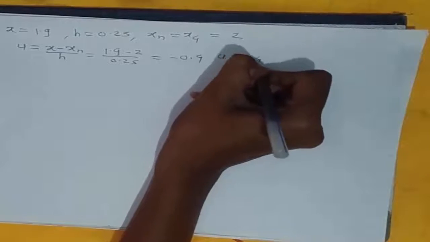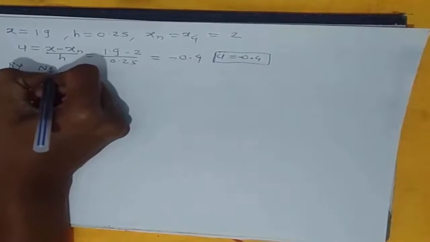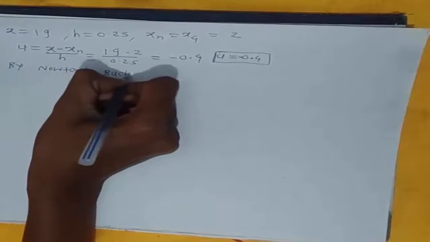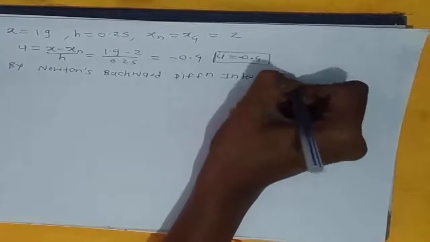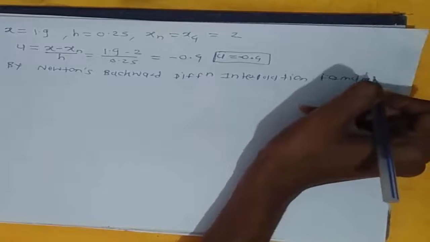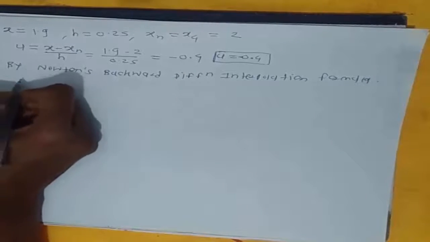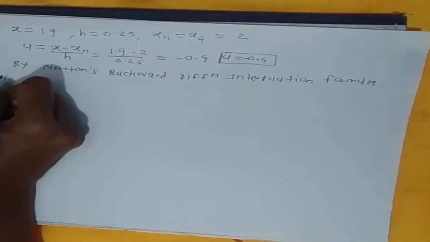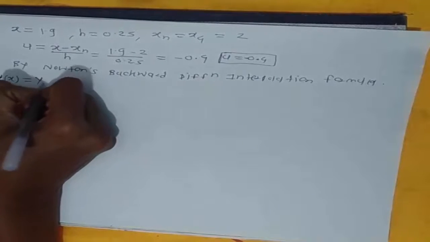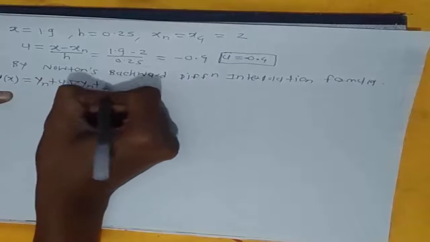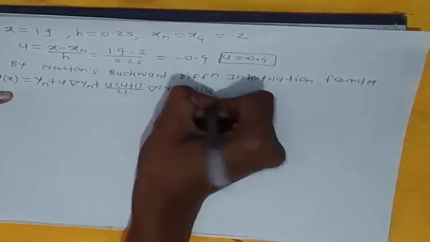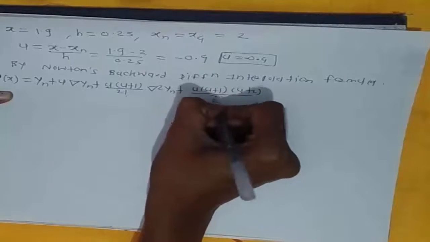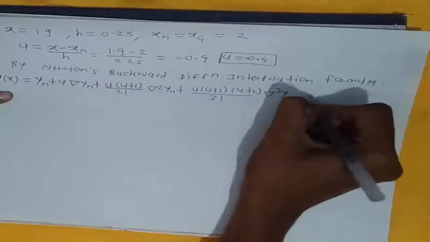So u is equal to minus 0.4. Then, by Newton's backward difference interpolation formula, we first write the formula: y of x is equal to yn plus u into del yn plus u into u plus 1 by 2 factorial del square yn plus u into u plus 1 into u plus 2 divided by 3 factorial del cube yn, and so on.